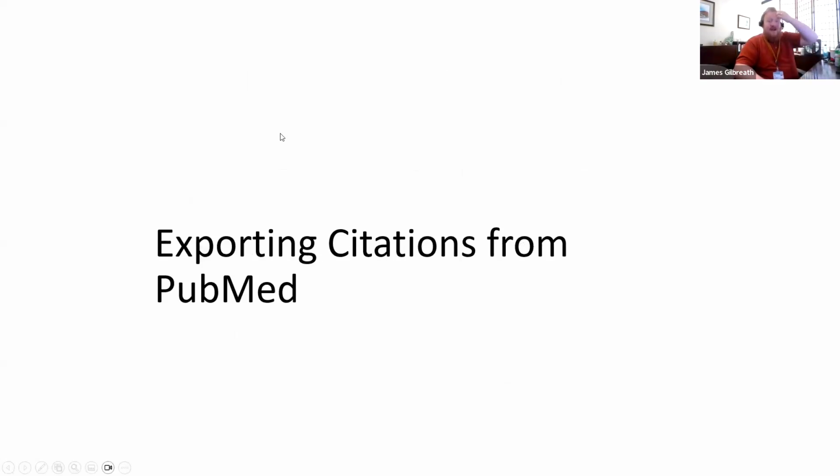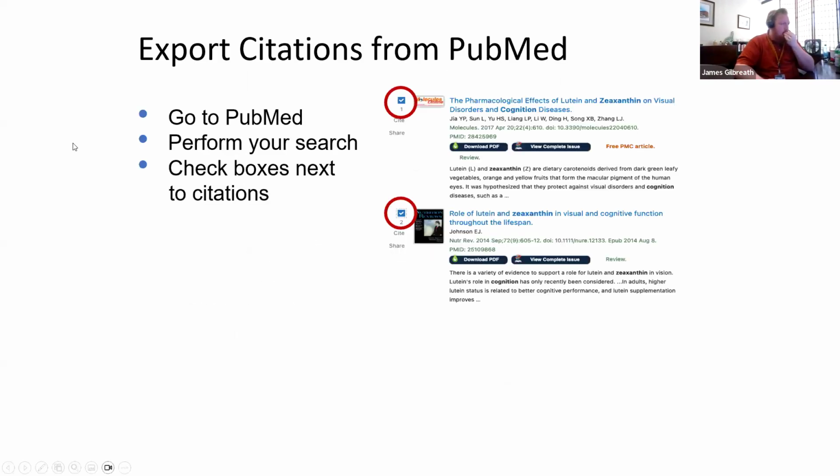So let's talk about exporting citations from PubMed. You go to PubMed, and we'll be doing some of this live too, so you can get a look at it. Go to PubMed, do your search. You can either individually select articles to export, or you can select all of them.